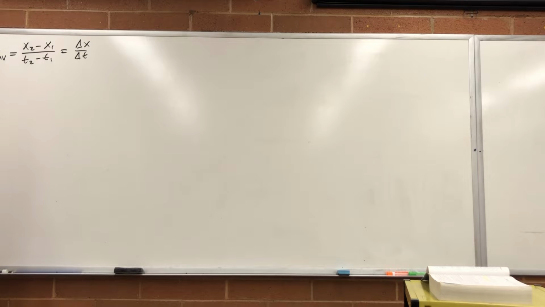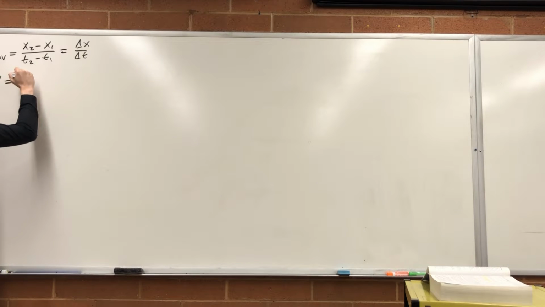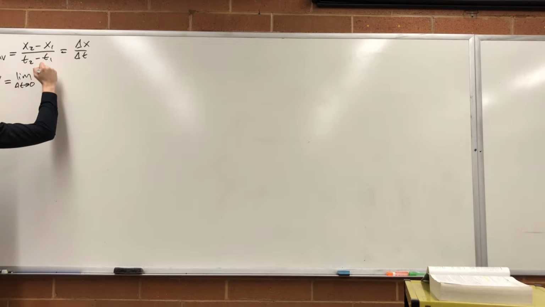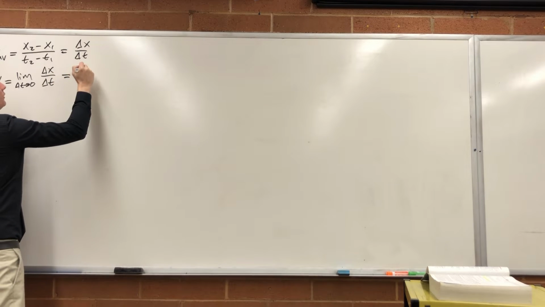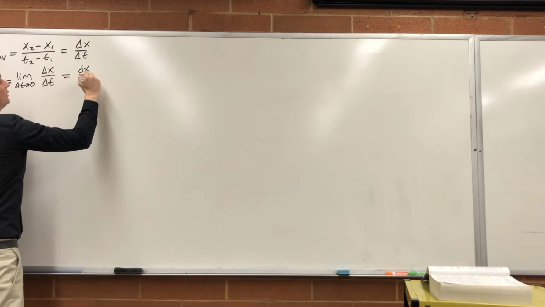And then, how do we define instantaneous velocity? Instantaneous velocity is the limit as delta t goes to 0 of delta x over delta t, which we already know is dx/dt.